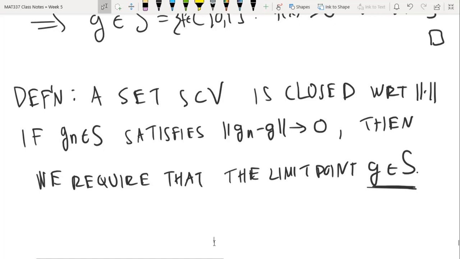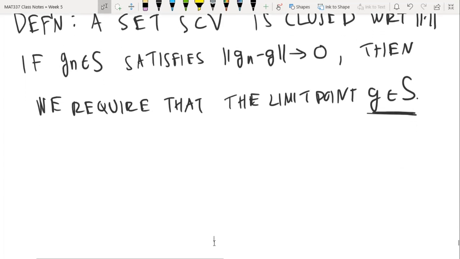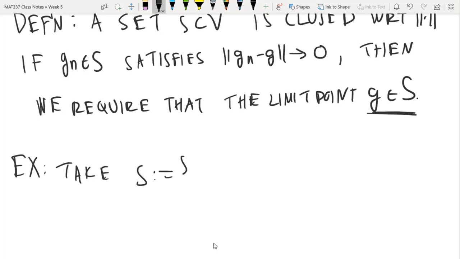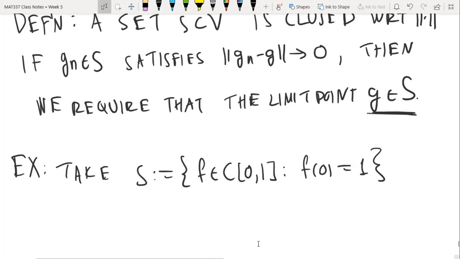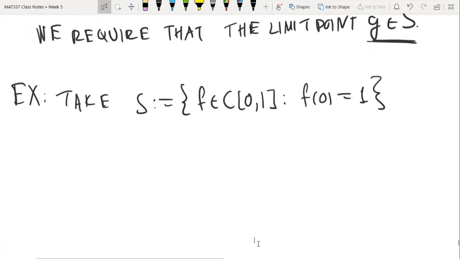Okay. Right. So let's do an example. Again, sup norms, because that's what we will be doing for most of the course. Take S to be the continuous functions, but all of them are fixed to be 1. So pictorially, it's very nice.